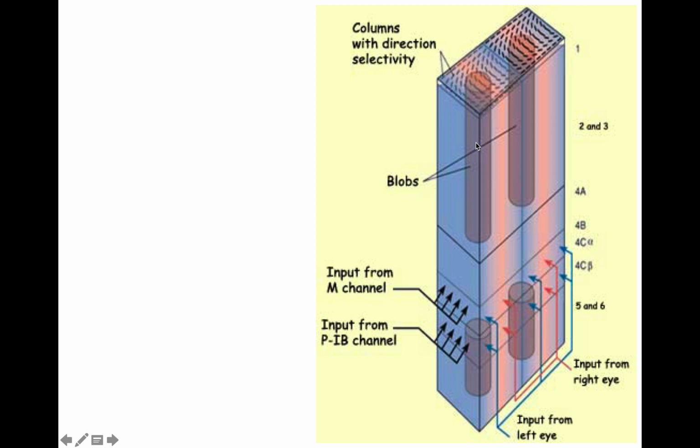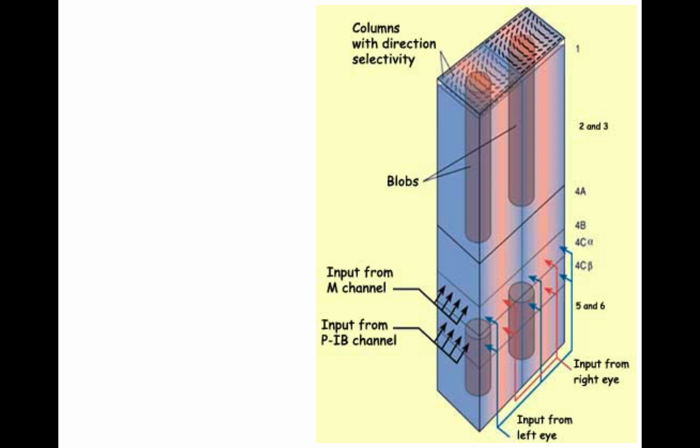And then we also have this color channel processing that's occurring here with blob versus interblob cells in layers 2 and 3. And this is depicting how input from the M channel is coming into layer 4C alpha, and input from the parvocellular channel is here. And they call this a parvocellular / interblob channel here in terms of describing this sort of shape input that's occurring here. So this has some color information in it, but also shape.